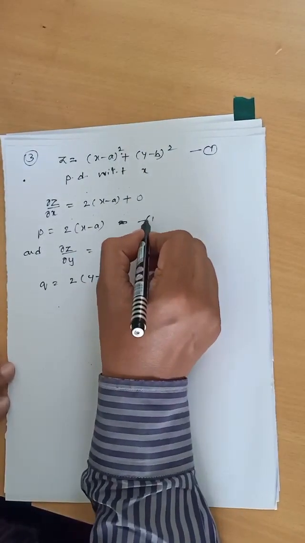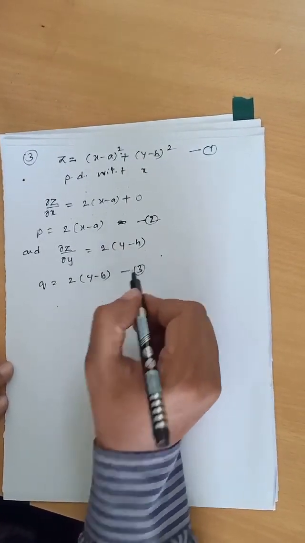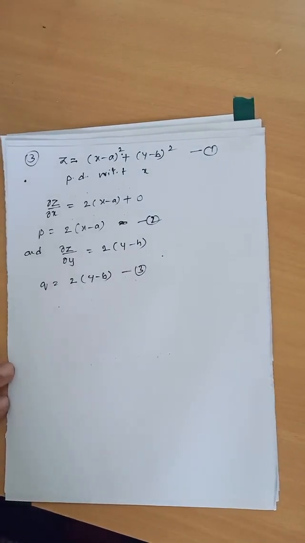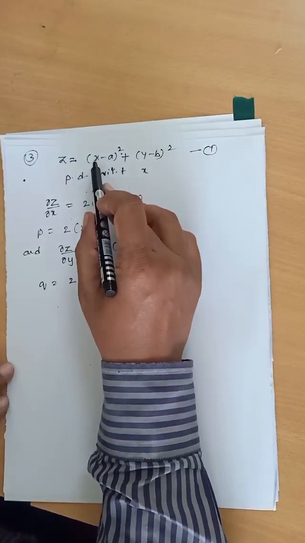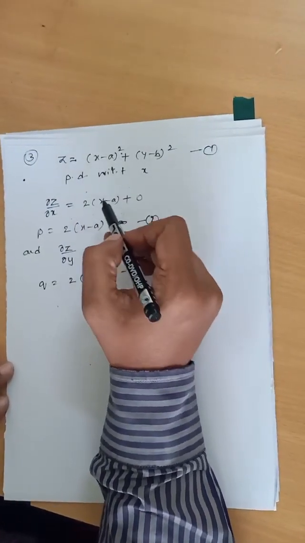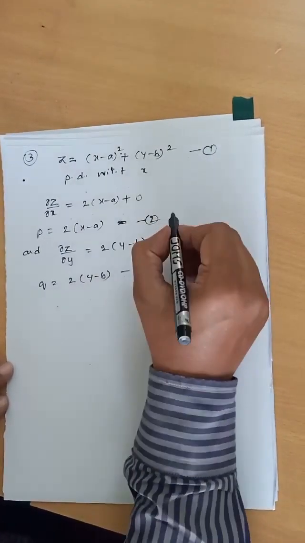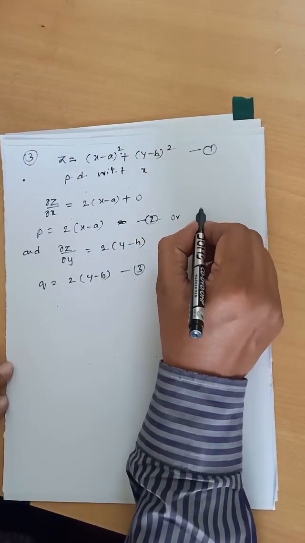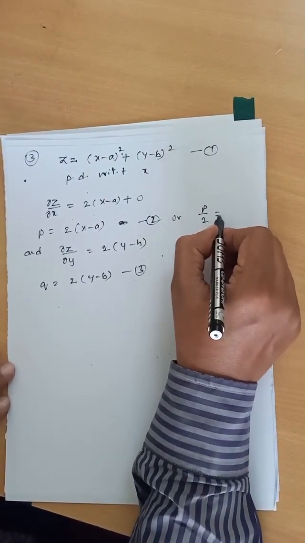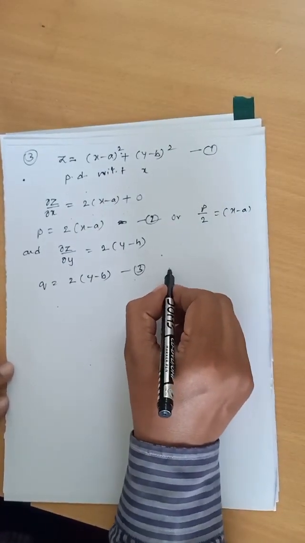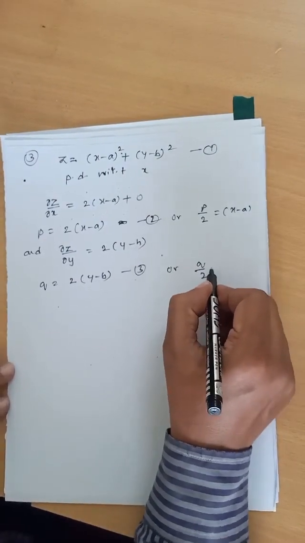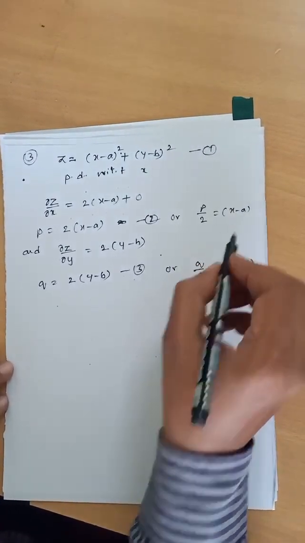Call this equation 3. Using 2 and 3, if possible, eliminate a and b. In equation 1, x minus a whole square is there, and here x minus a is there. Shall I write p by 2 equal to x minus a for substitution purposes? Here also q by 2 is equal to y minus b.